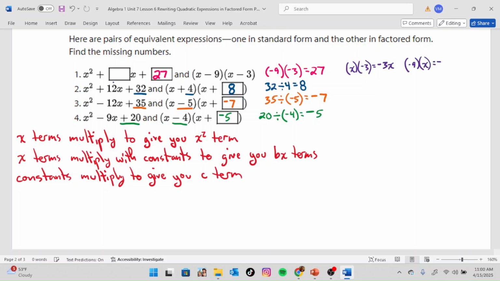And that's going to give me negative 9x. Now I'm going to combine these x terms, and negative 3x minus 9x gives me negative 12x. So what I'm missing here is negative 12.